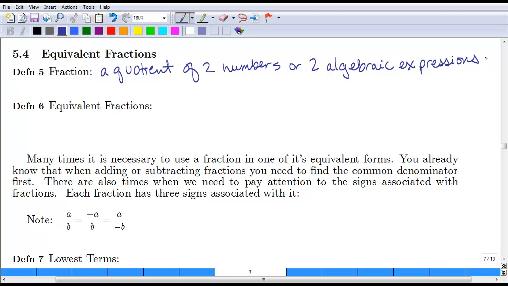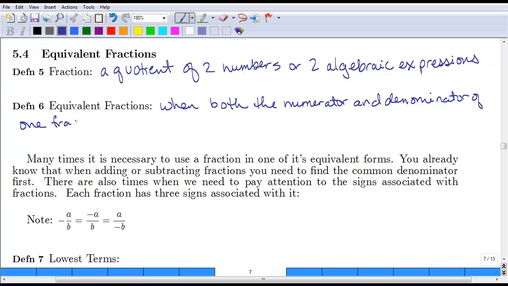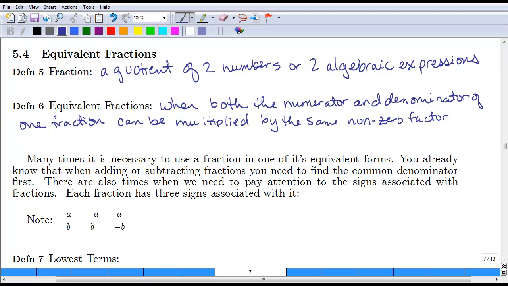And you've seen this before as well, you just might not have referred to it in this form, but two fractions are considered to be equivalent when the numerator and denominator of one fraction can be multiplied by the same non-zero factor to arrive at the second fraction.